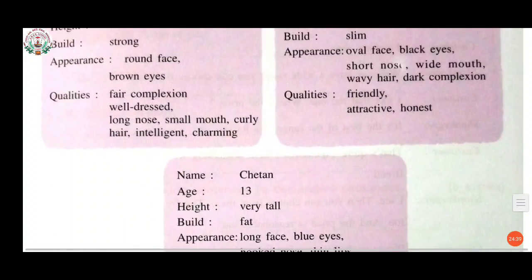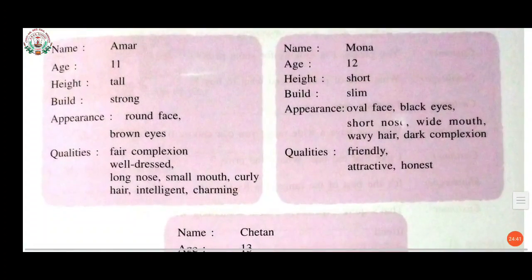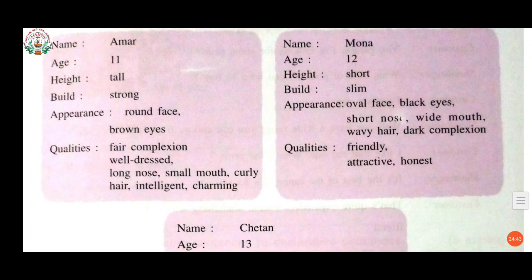Now see the second one, students. What is in the second box? It is given: name Mona, age 12, height short. So after going through this information, you can make a sentence, and that sentence will be like this. Mona is 12 years old. She is short and slim.